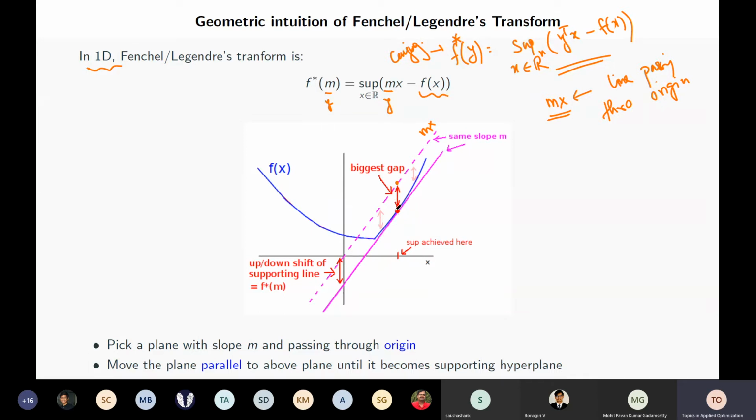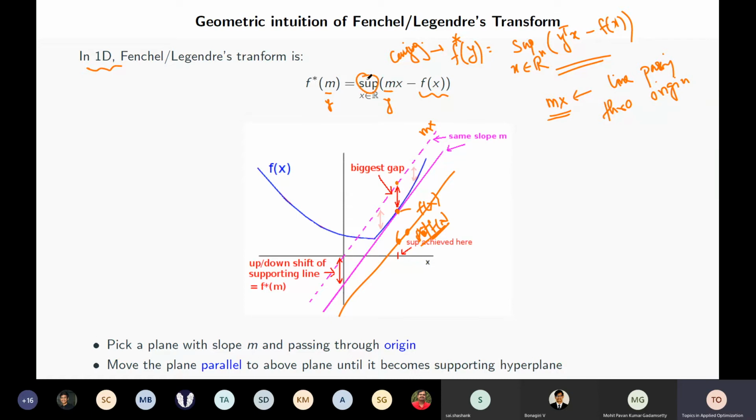I cannot go beyond, because that is not the function value taken by f(x). So I have to stop at a point where there is f(x). What this is saying is how far you can go.